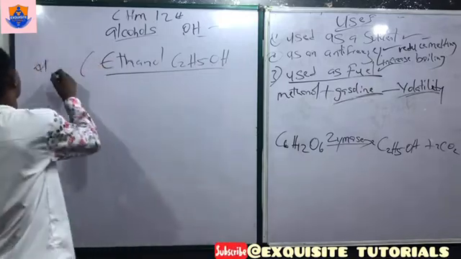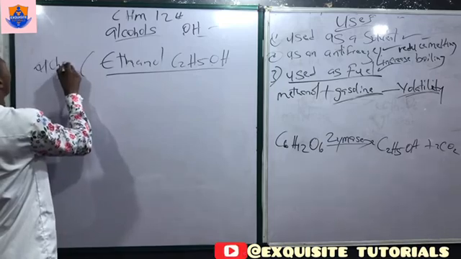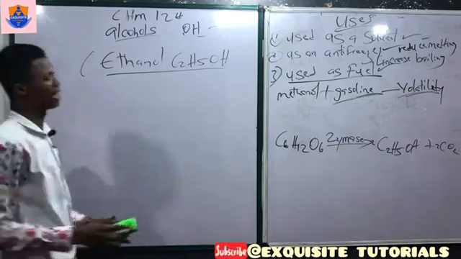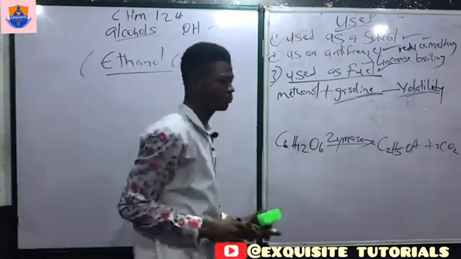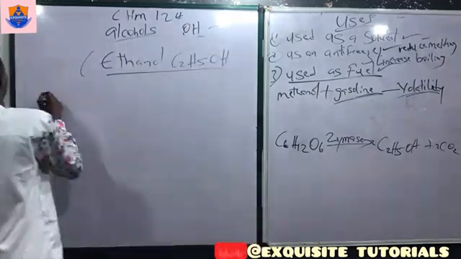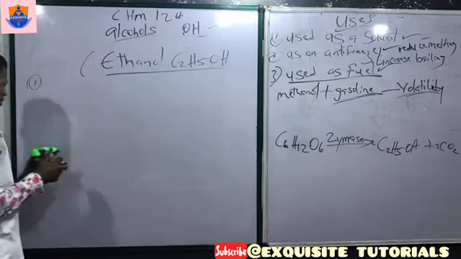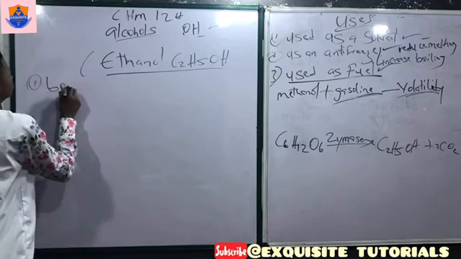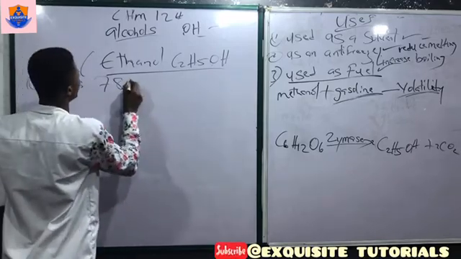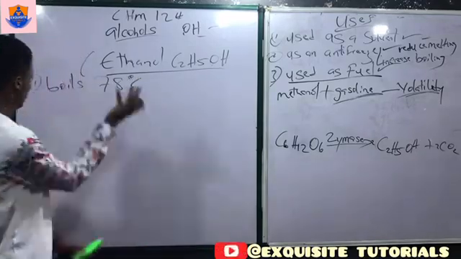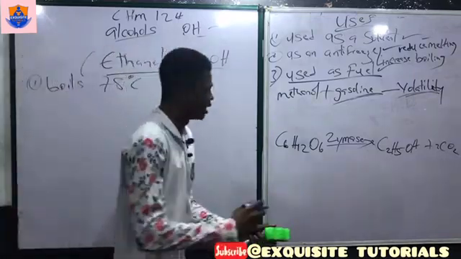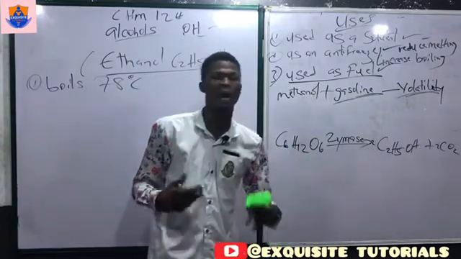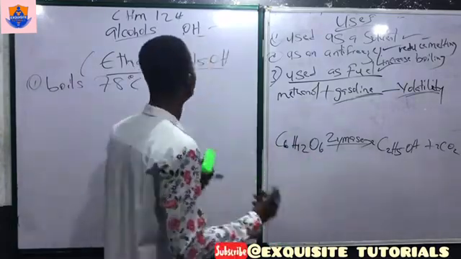Your ethanol is actually regarded as alcohol because it is the most useful alcohol. Now, talking about the properties, your ethanol boils at 78 degrees Celsius. They can say 78.5. And your ethanol is actually also used as an antifreeze and so many things.